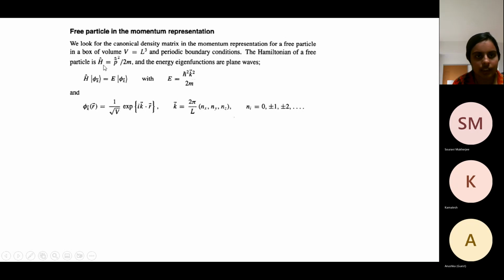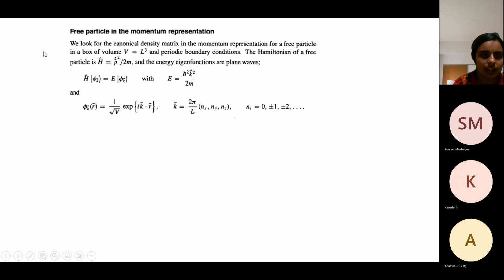Now, because your Hamiltonian, the energy operator, is actually a function of the momentum operator, that means they are commuting, right? H is commuting with P. That means they have the same set of eigenvectors, not the same eigenvalues, but the same set of eigenvectors.